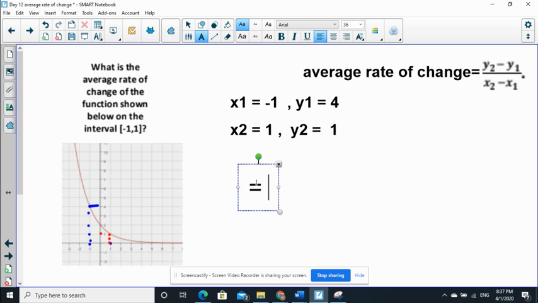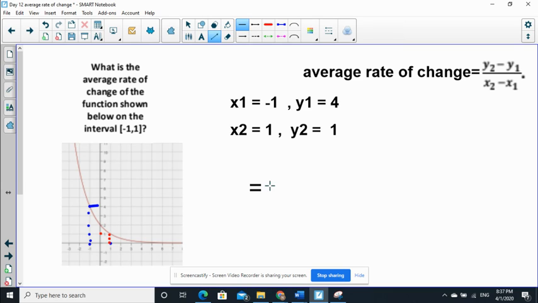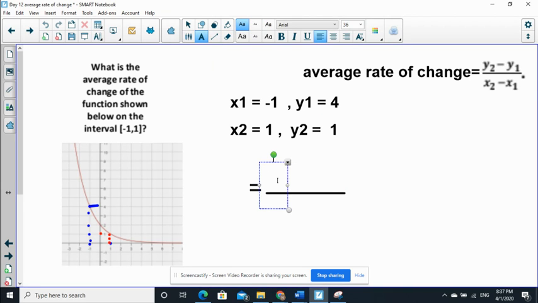Okay, y2 minus y1. y2 equals 1 minus 4 equals what? 1 minus 4 equals negative 3. Okay, so up here we'll put 1 minus 4.